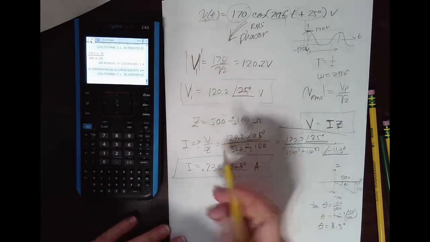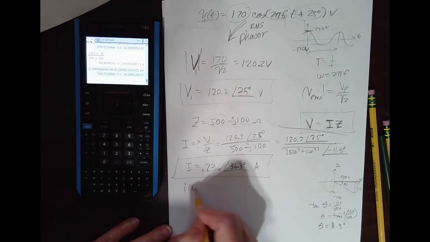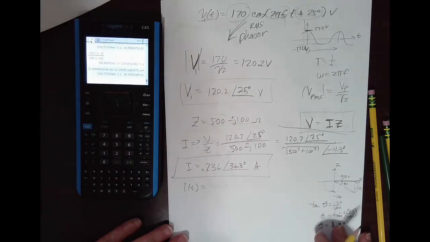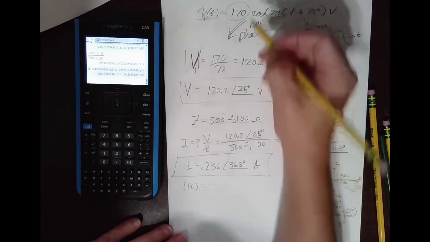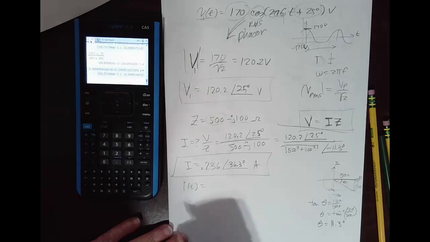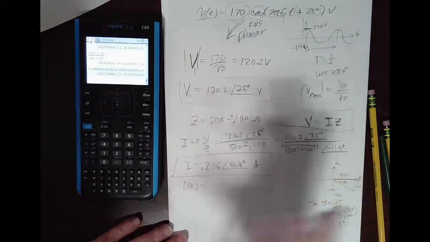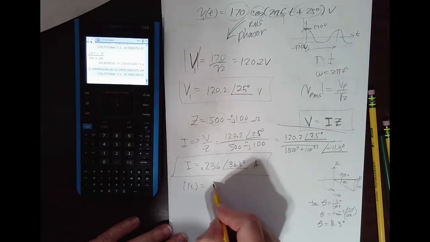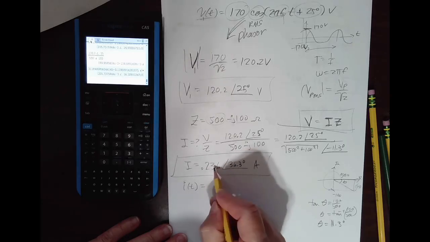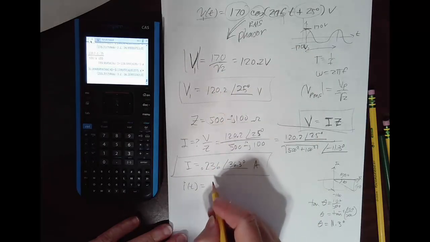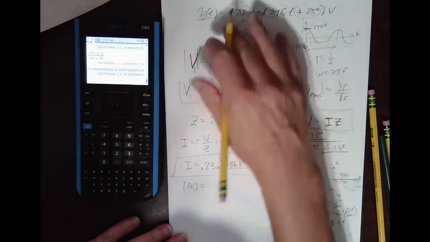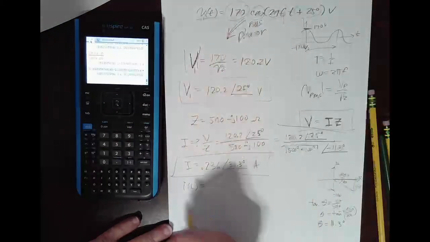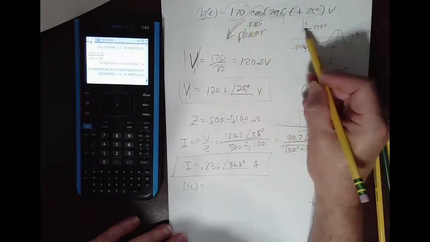Okay. So let's say we wanted to know what that current looked like as a function of time. We know it's going to be a sine wave or whatever. We started with cosine, so we'll use that as our reference function. So we're going to bring this back as a cosine. This is RMS, right? Phasors are RMS. So if we want to get this in peak form, which is when you write out cosine in time, the coefficient of the cosine is the peak.